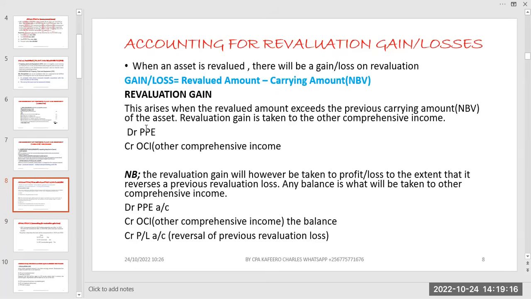That's why here we are crediting the OCI, the other comprehensive income. Then the double entry will be that we debit our PPE or our land or building, whatever item it is, because it is increasing in value. If it is reducing in value, let me first handle the revaluation loss before I go to this NB.